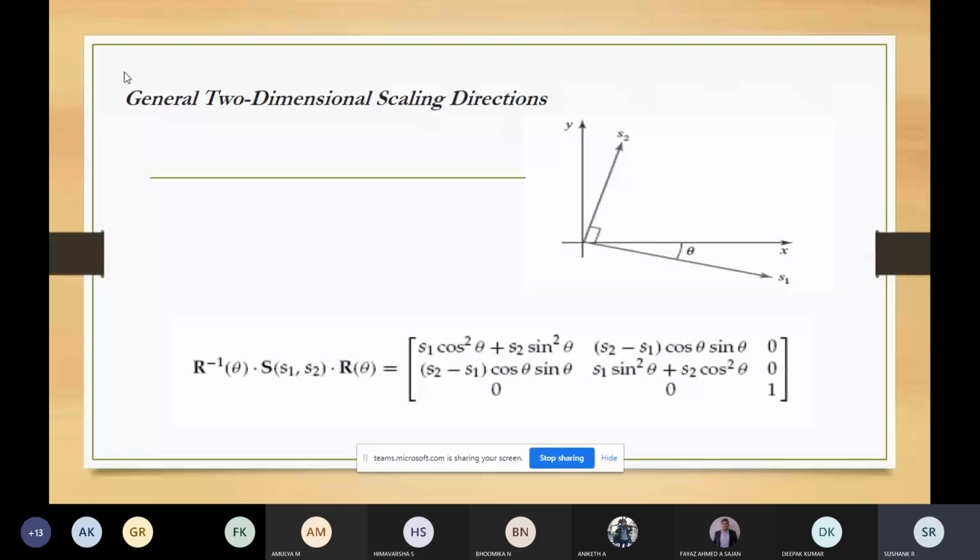You will consider that pivot point, move that pivot point to the origin, perform the rotation about the origin, and then move the object back to the earlier position. So the sequence of operations was: translate the object from that position to the origin, rotate the object, then move it back to its original position.